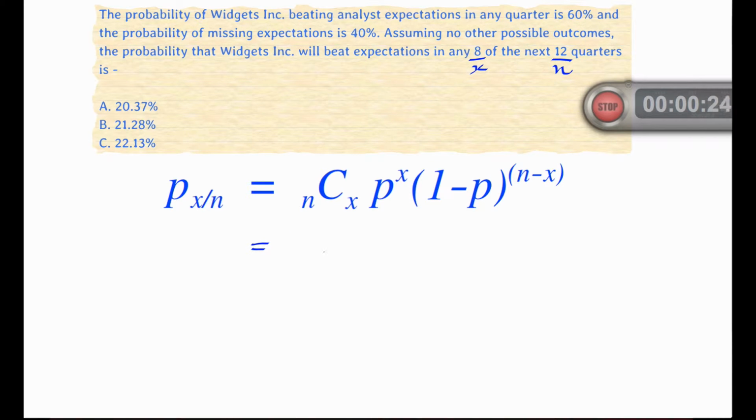We're given that x is 8 and n is 12. We're given the probability of beating expectations, or of an x occurring, as 0.6. We need it to occur in 8 of the next 12 quarters.